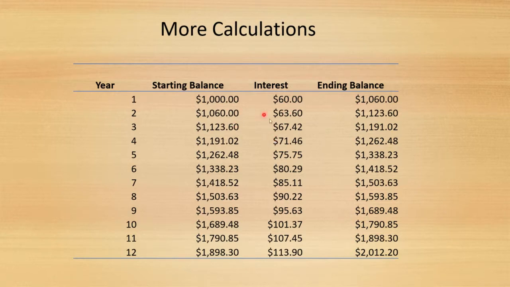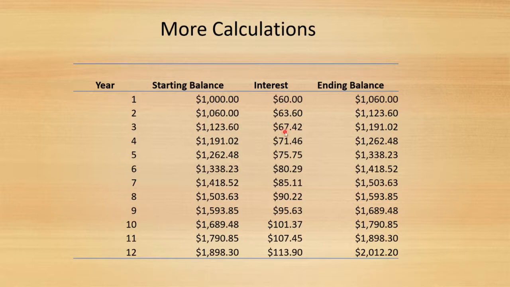So you keep on recalculating interest. Here we calculated the interest on this balance. That's how we got $60 we added on. Year 2, this is the new starting balance. We're going to recalculate interest again, and that's how we got this, which is higher. We add that on. So we have here this is the starting balance.